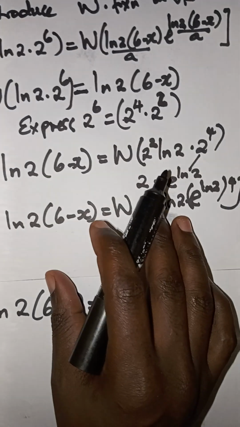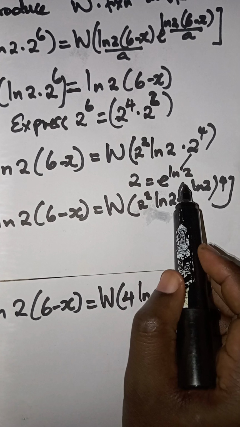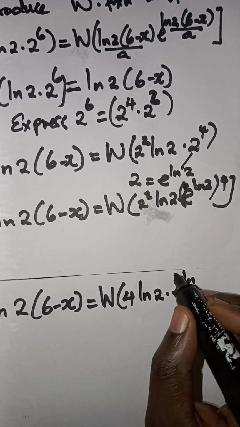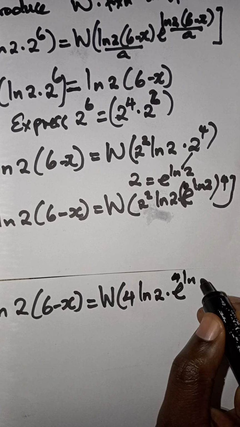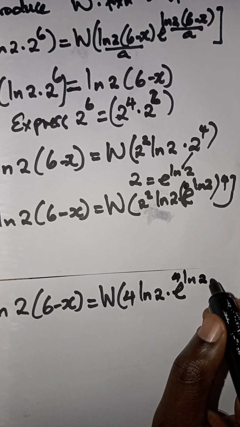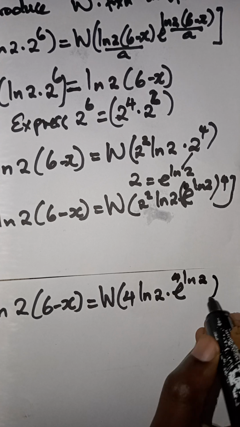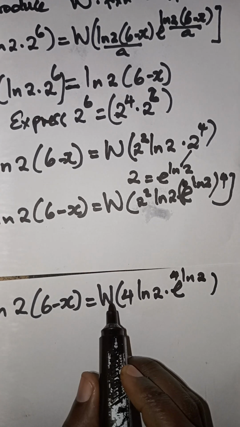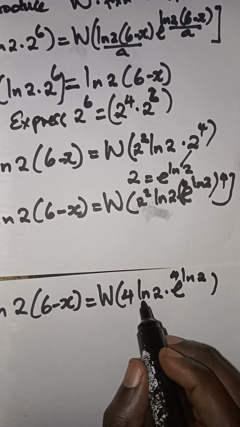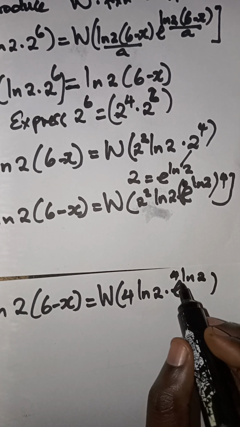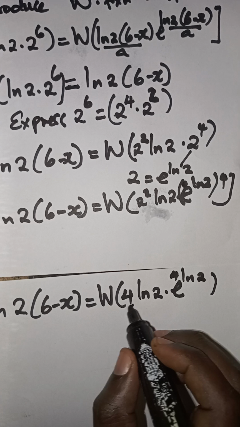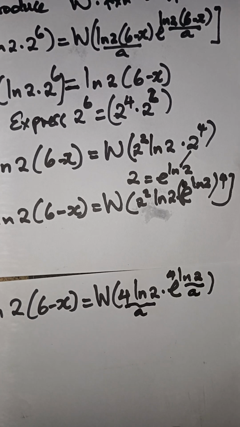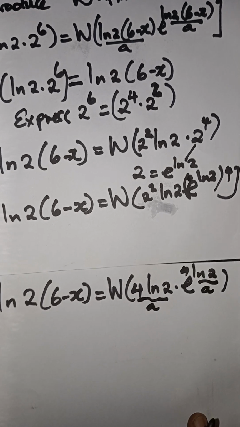But I can decide to bring this 4 here using the laws of indices, so that it becomes 4 to the natural log of 2, like that. And it is very easy to see that when you take the W of 4 to the natural log of 2 to the exponential of 4 to the natural log of 2, then this function, they are similar. I'm going to call it a. It's simple a.